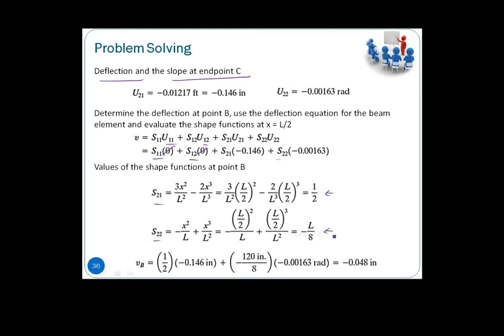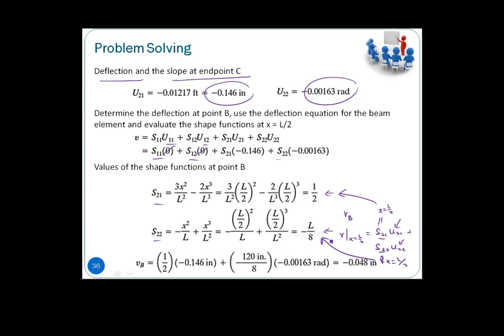Then we substitute to find VB, or v at x equal to L over 2, which is S21 times U21 plus S22 times U22. U21 and U22 are already determined, which is this one and this one, and S21 and S22 at x equal to L over 2 are this.